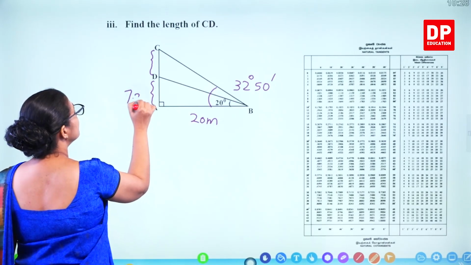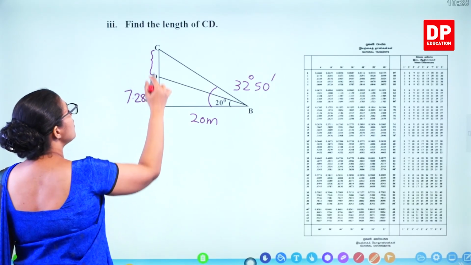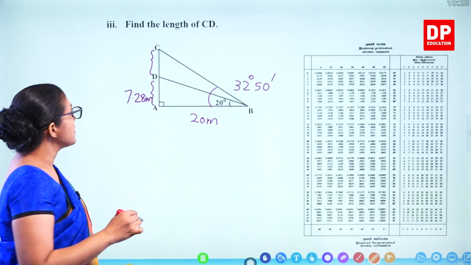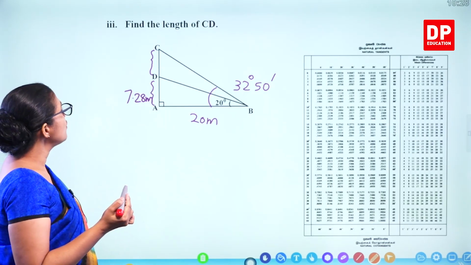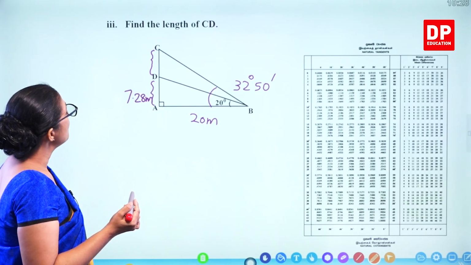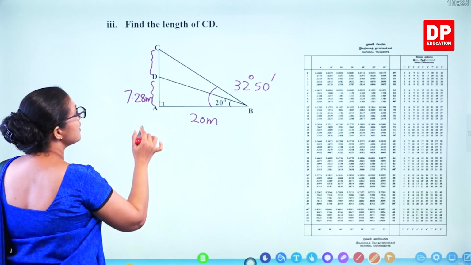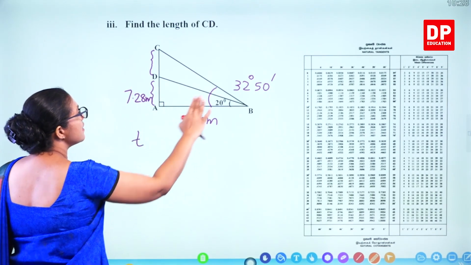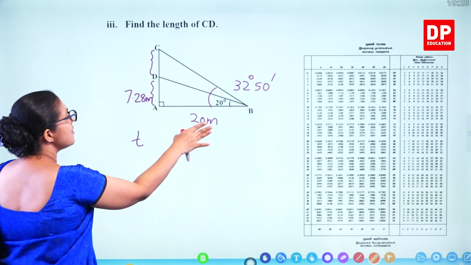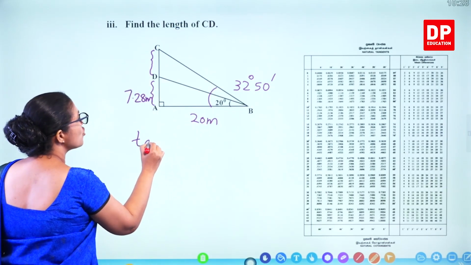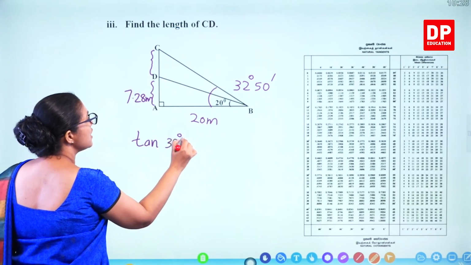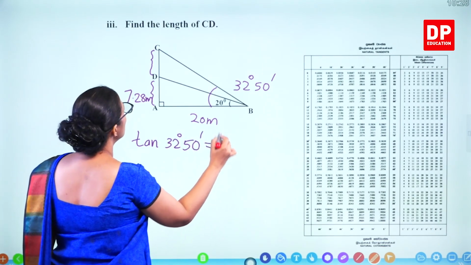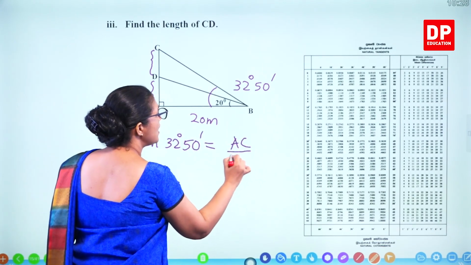So you can find out the AC length first and subtract 7.28 to get CD. So we'll take the big triangle. So tan, this is opposite and this is adjacent. So the tan ratio, tan 32°50' is equal to AC over 20.